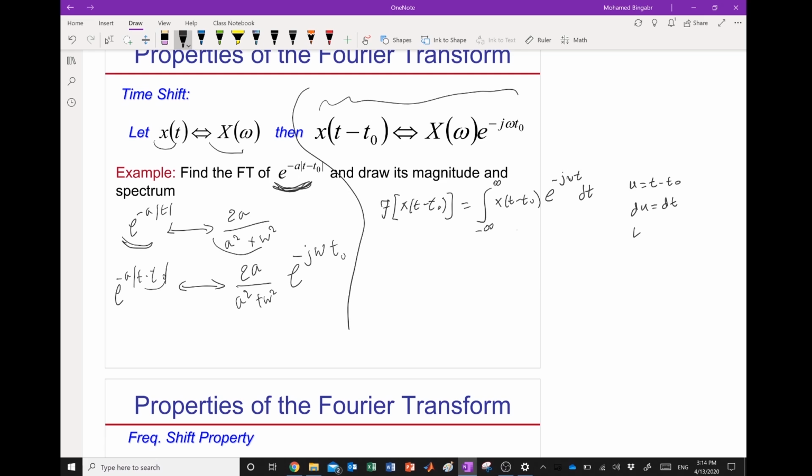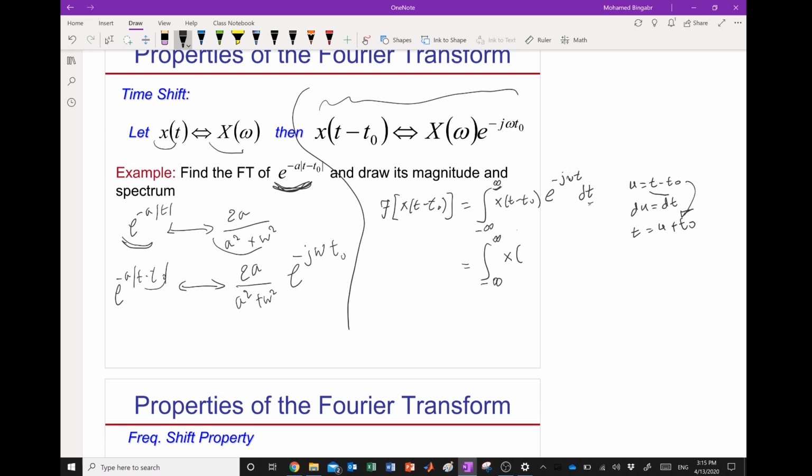Also t will equal u plus t0. So when t goes to minus infinity, u will go to minus infinity minus t0, which is minus infinity. When t goes to infinity, t0 is small, so that will also go to infinity.